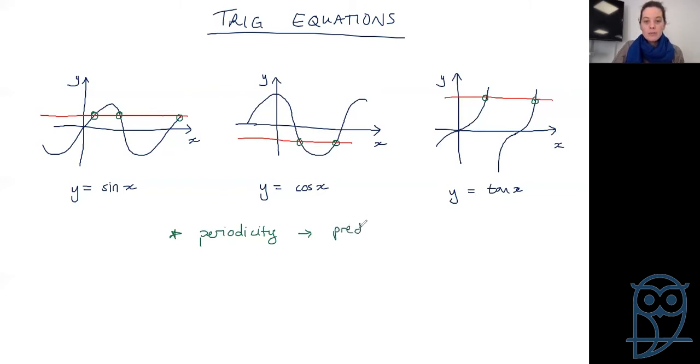So we have a predictable relationship between our answers. What we're going to do is understand that first 360 degrees, the first 2 pi radians, and then predict our answers from there.